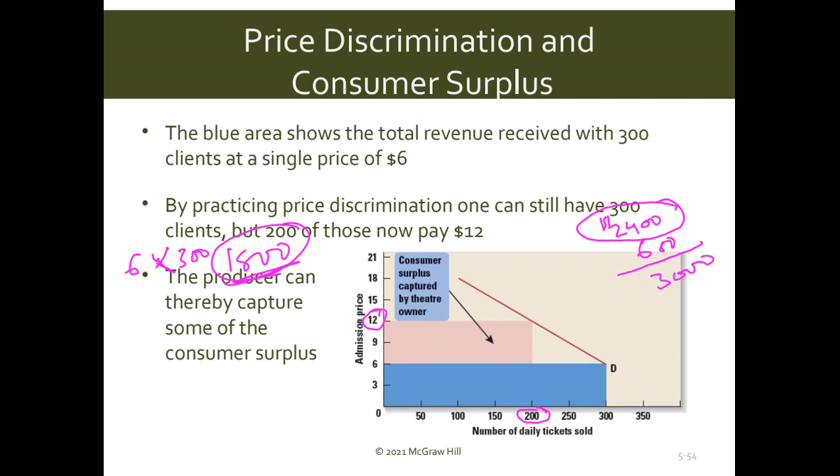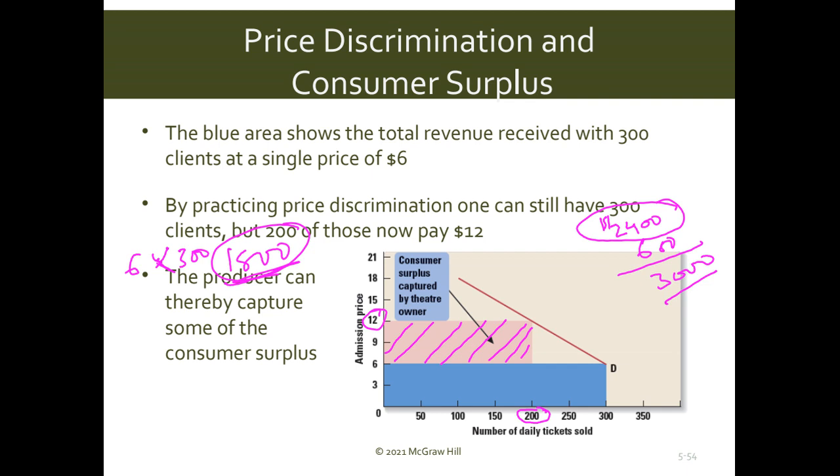Now this seller is earning 3,000. What is the difference? 3,000 minus 1,800 is 1,200. Okay, so 1,200 is what? 1,200 is this pink rectangle. If you see, the area of this rectangle is 1,200.